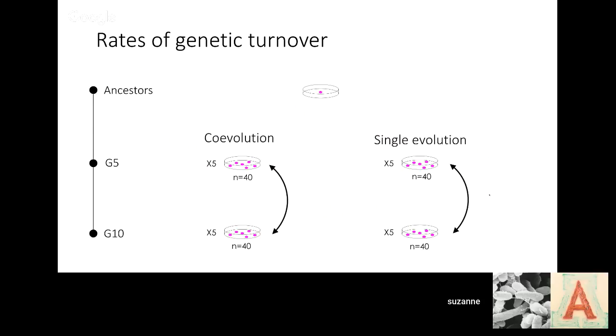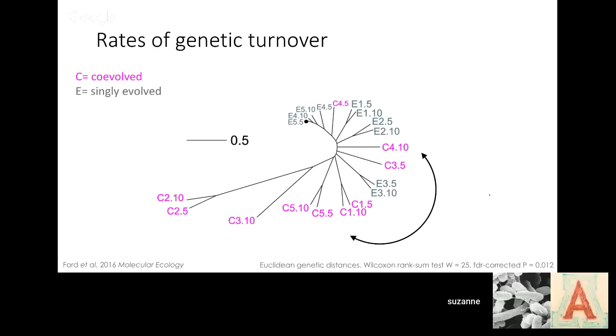So we basically compared the mutations that were present at generation 5 and generation 10 between the coevolution treatment and the single evolution treatment. And again, we do find evidence of significantly more turnover in the Coevolved treatment compared to the singly evolved treatment. So we do have evidence of greater genetic turnover, so that's really, really cool.